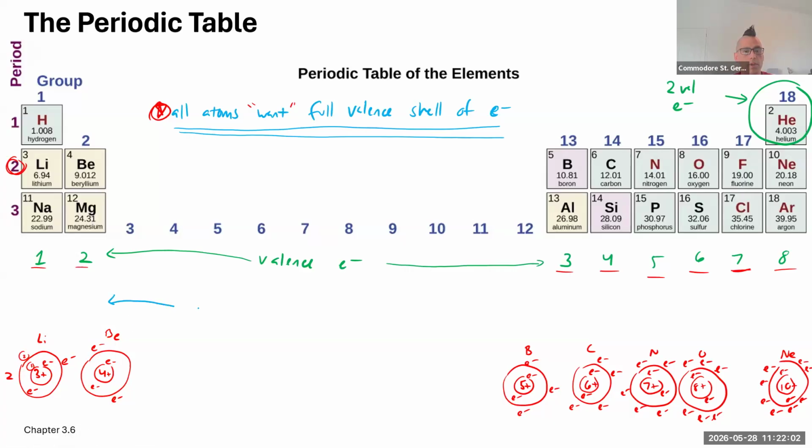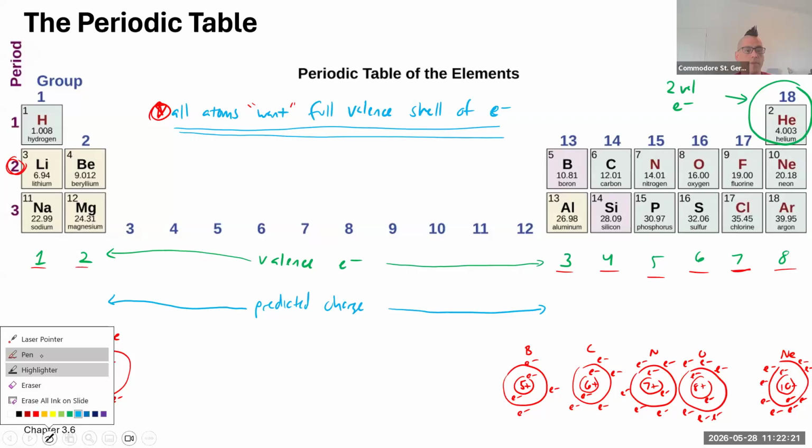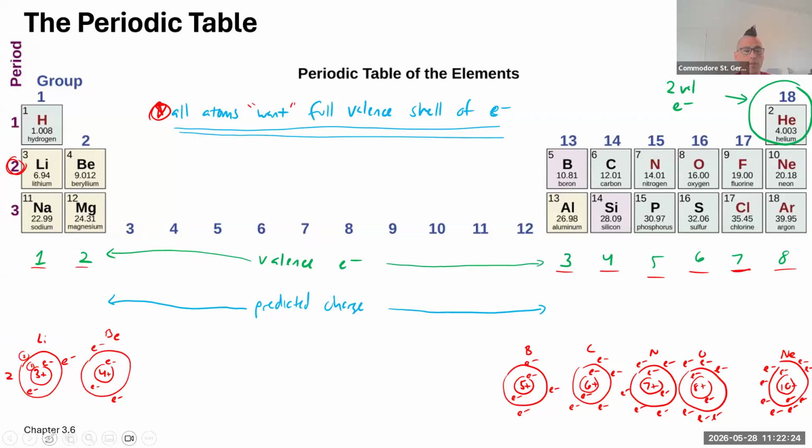So this is going to be what's called the predicted charge. All right, if it's starting at 7, but it wants 8 electrons, it's going to pick up 1 electron.